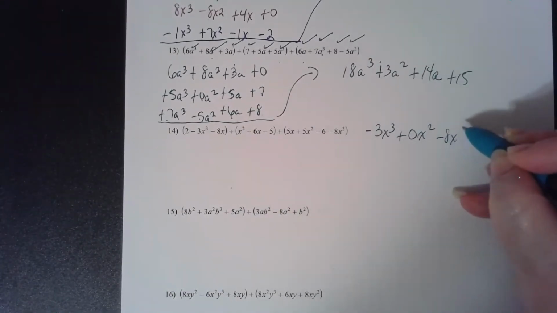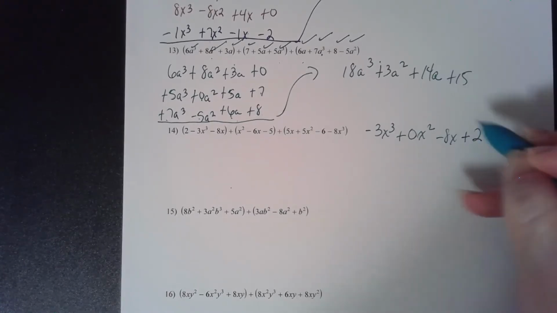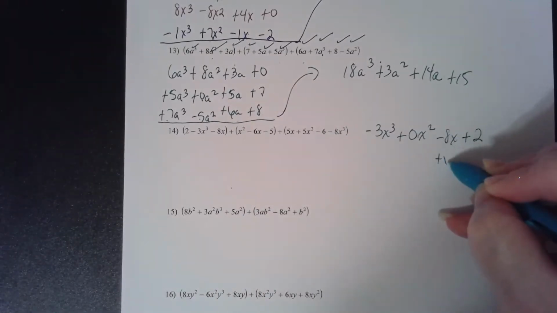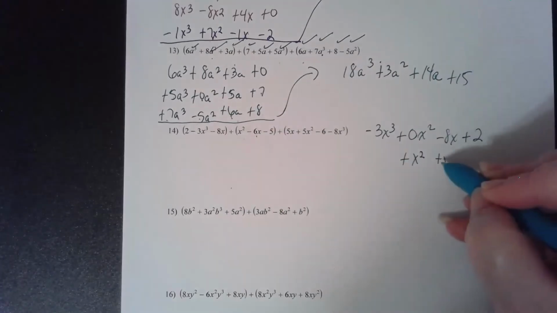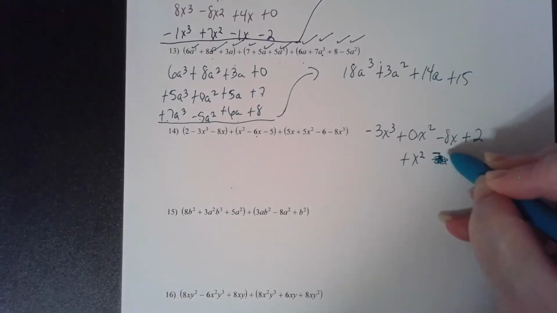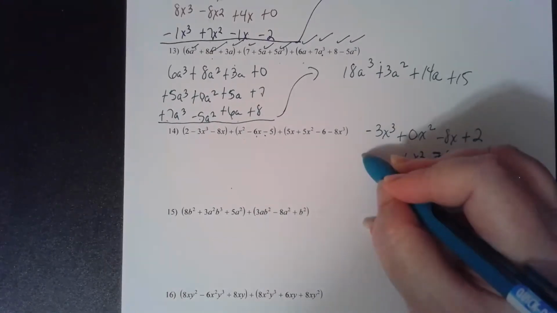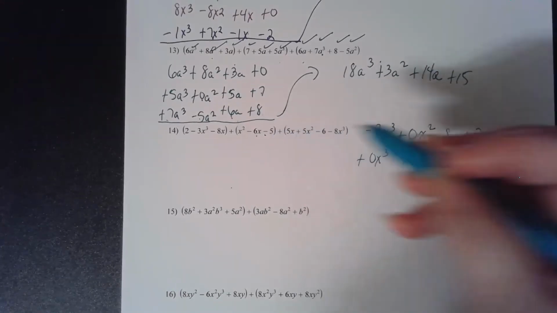Minus 8x's. Plus 2. Takes care of my first one. Then we're going to have an x squared. Oops. Minus 6x. Let's see, minus 6x minus 5 plus 0x cubed. I'll make sure that everything is accounted for.